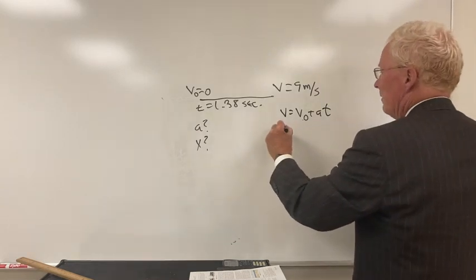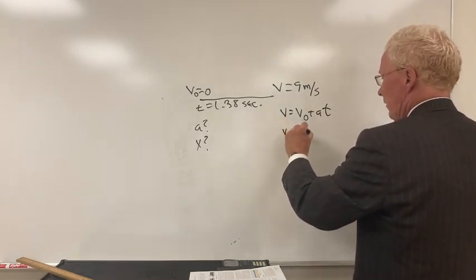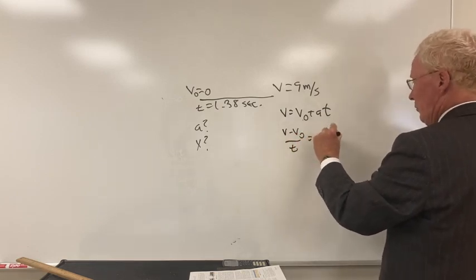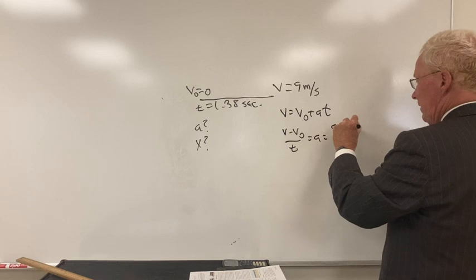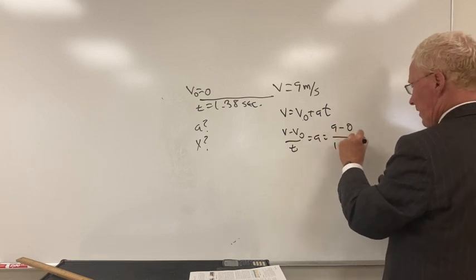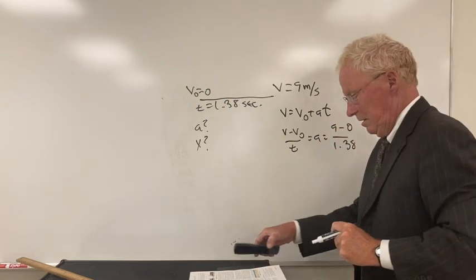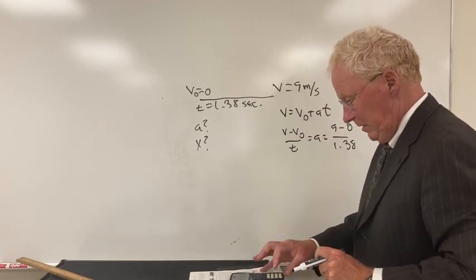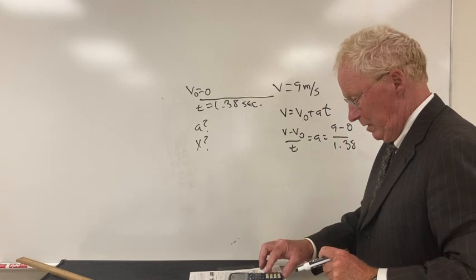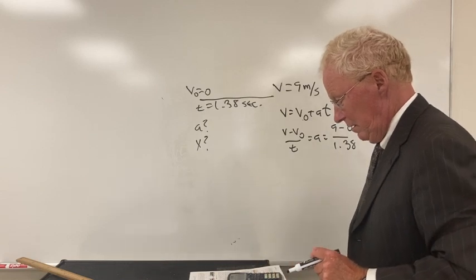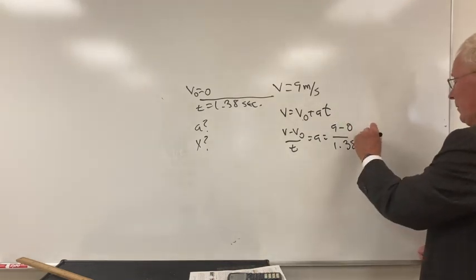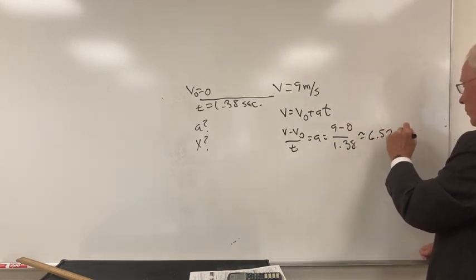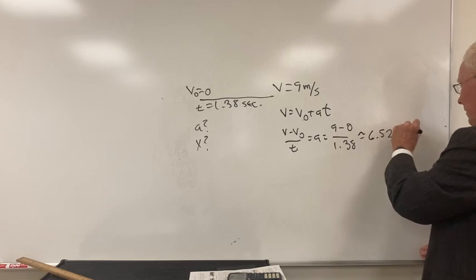So, rearranging it, V minus V naught divided by time is A, which would be 9 minus 0 over 1.38, which is approximately 6.52 meters per second squared.